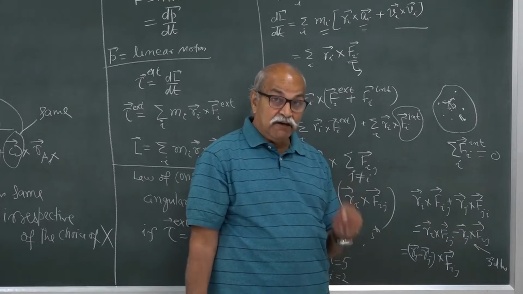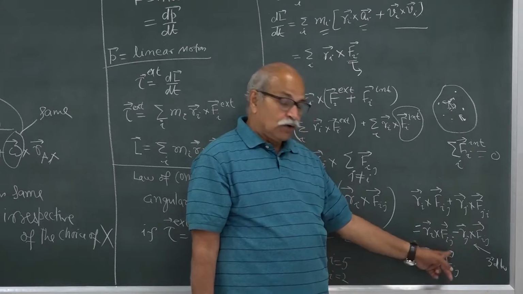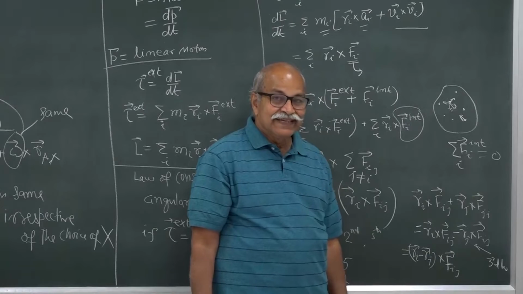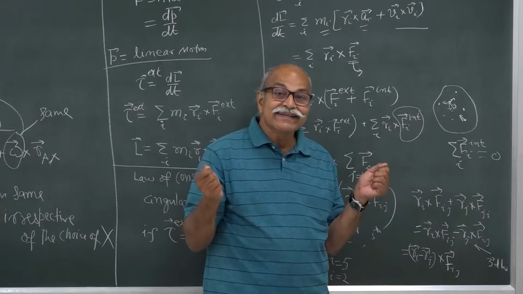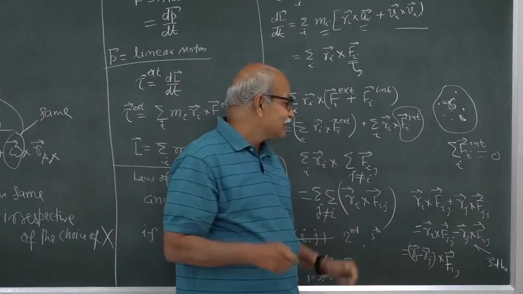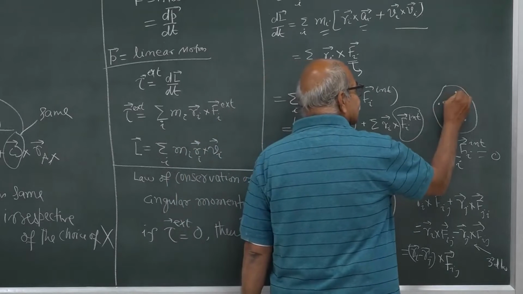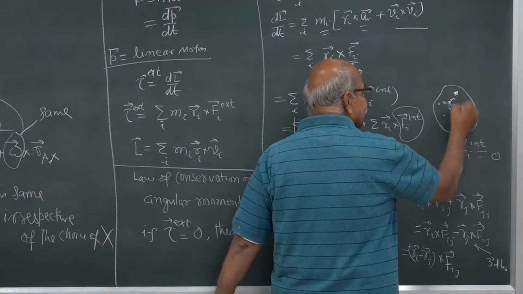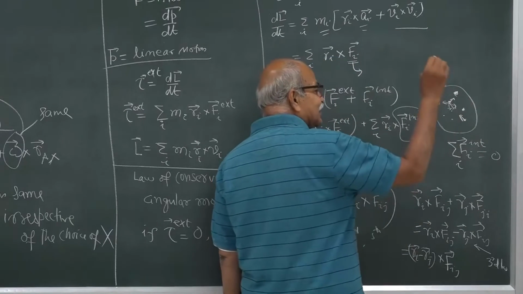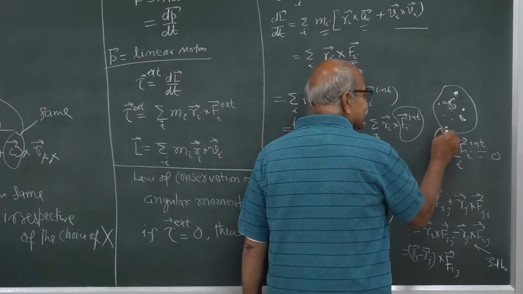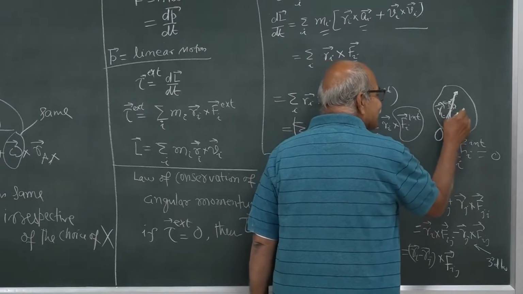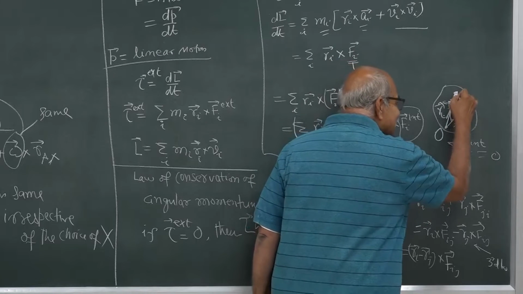Now, if the force on the ith particle by the jth particle is along the direction joining the two particles, another restriction. So, I have a particle here and a particle here, and they are exerting forces on each other, equal in magnitude and opposite in direction. Somewhere the origin is here, this is my Ri vector, this is my Rj vector, and then what is this vector?